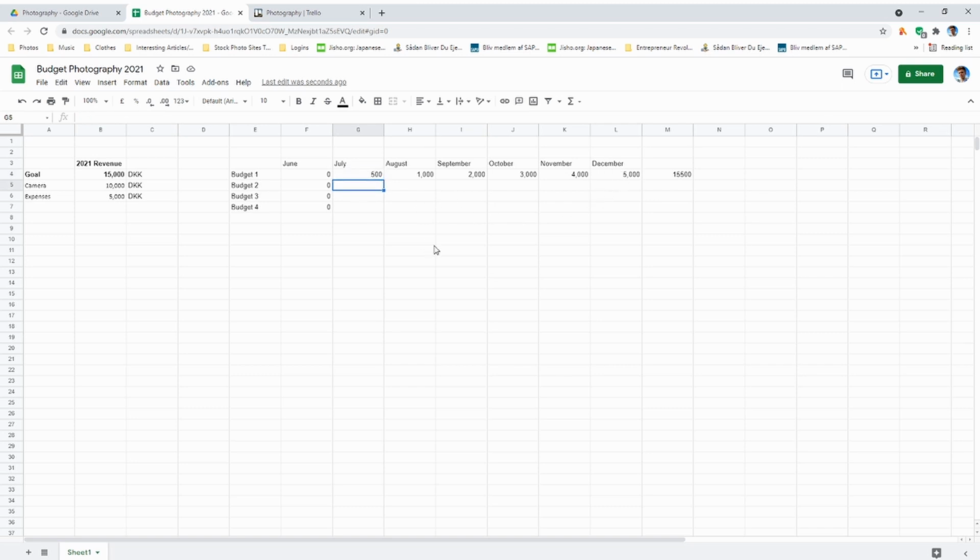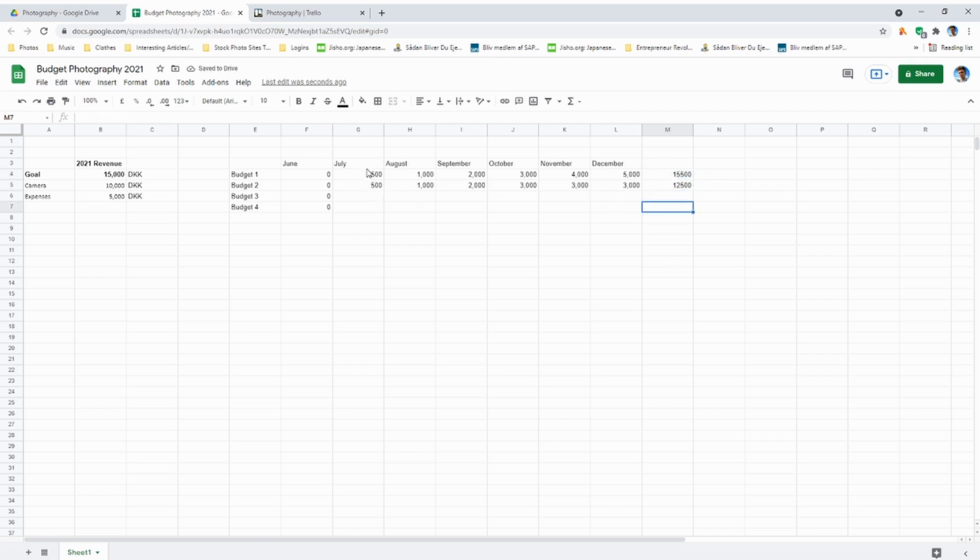Budget 2 is somewhat similar to budget 1, but instead of expecting to be able to earn 5,000 Danish kroner in revenue in December, we're going to mellow it out.